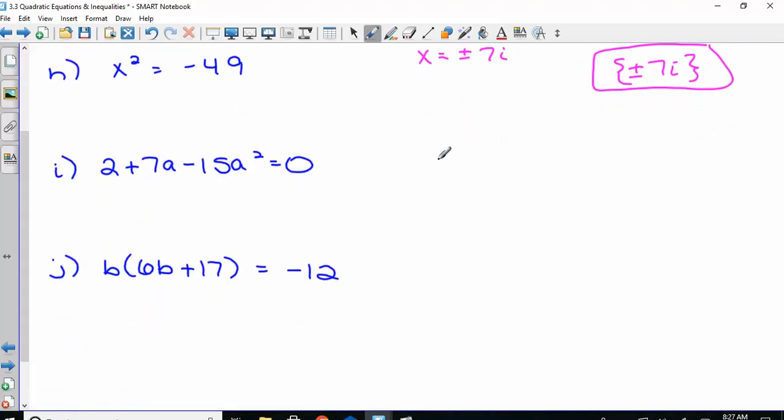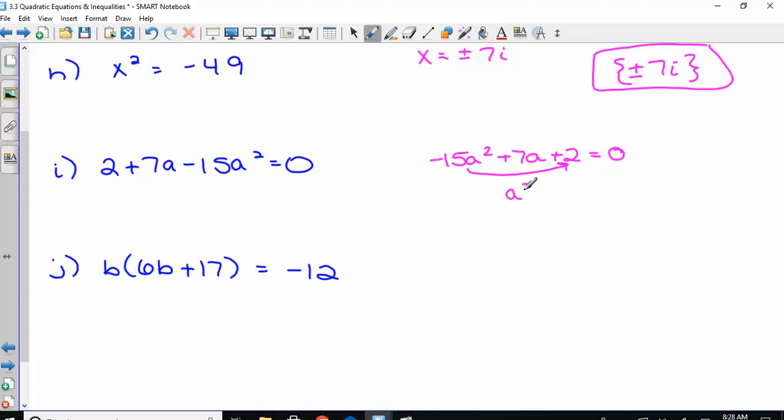Flip it around first. Some of you either factored out a negative 1 or moved everything to the other side so it'd be positive. If you are going to do box method, you have to do that because you need a positive here. Slip and slide, we could go ahead and just keep it.